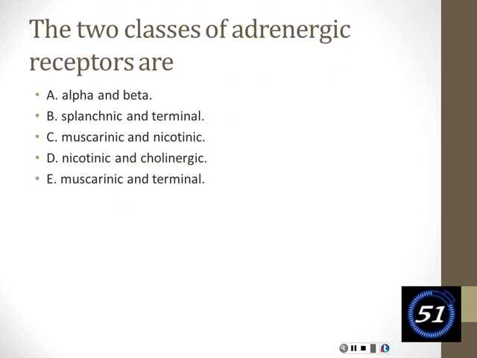All right, the two classes of adrenergic receptors, well, we're going to skip that because we haven't really talked about that word. All right, vocabulary: cholinergic and adrenergic, because you may hear those words in questions or in your book. When we look at a neuron, we can define that neuron based on its neurotransmitter. If a neuron releases acetylcholine, we call that a cholinergic neuron.